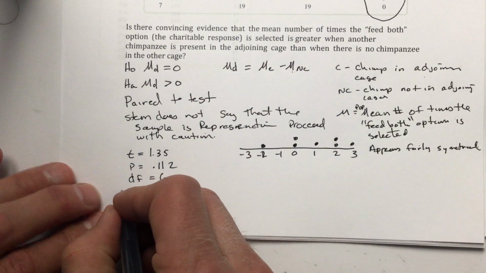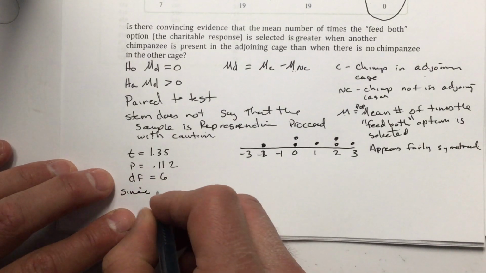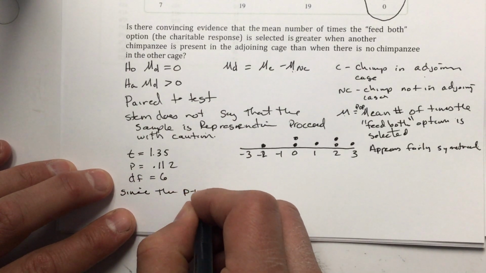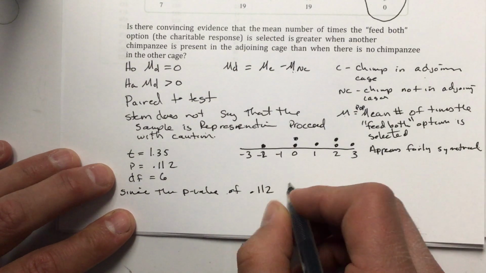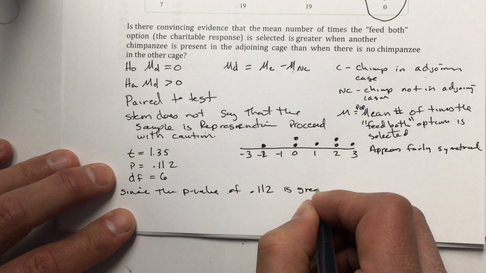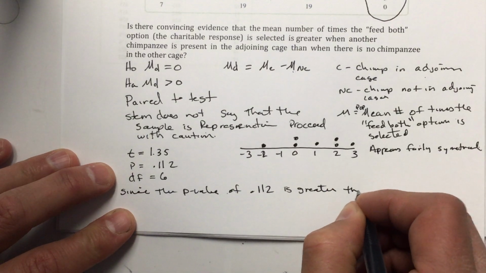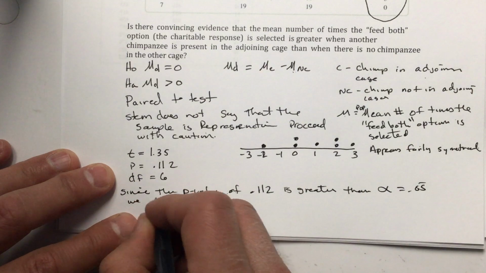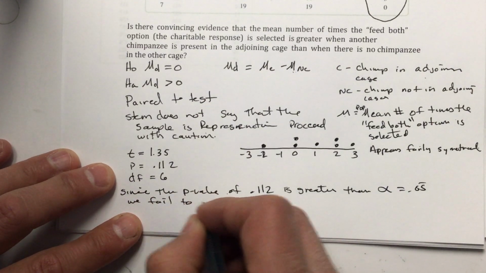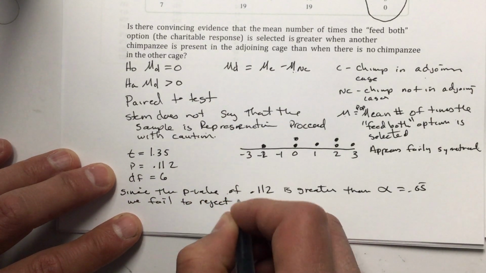So, since the p-value of 0.112 is greater than an alpha level of 0.05, we fail to reject the null.